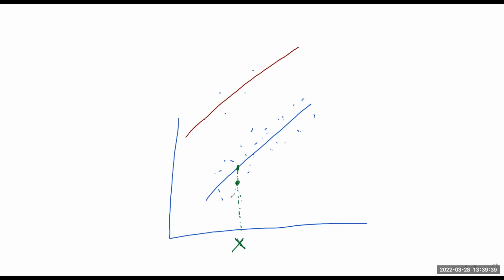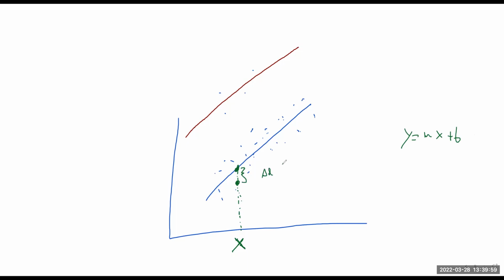But if I give this X to the function of this line, it predicts this one. You see that? So I take the difference between the two. That's the delta distance, let's say.